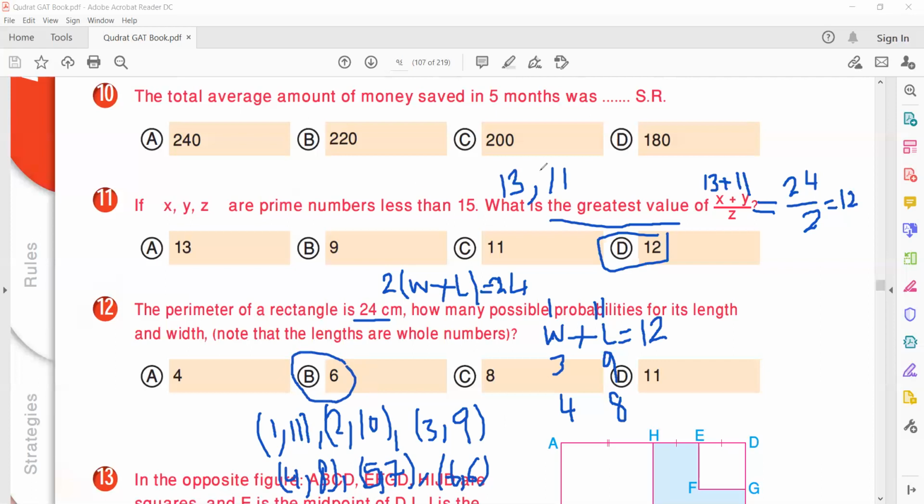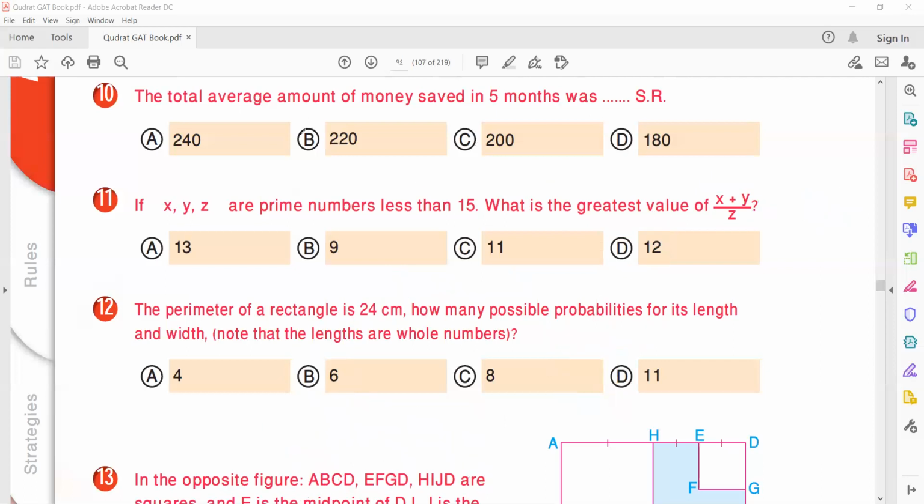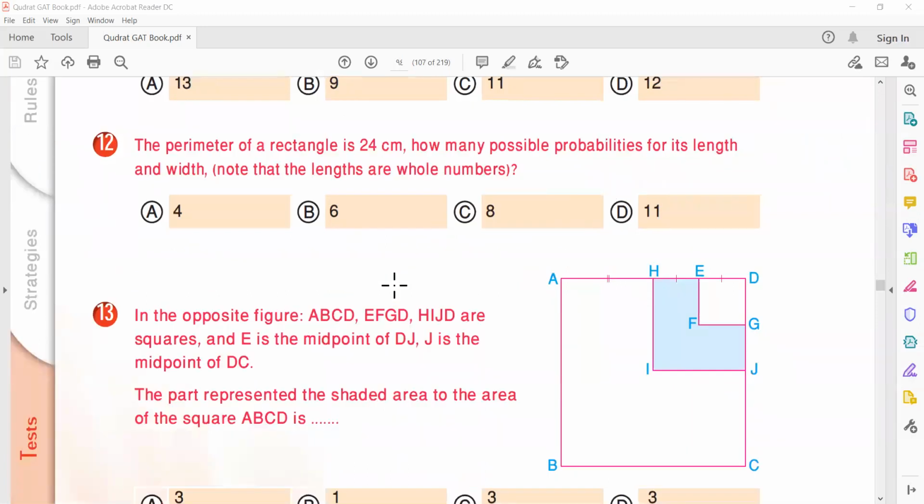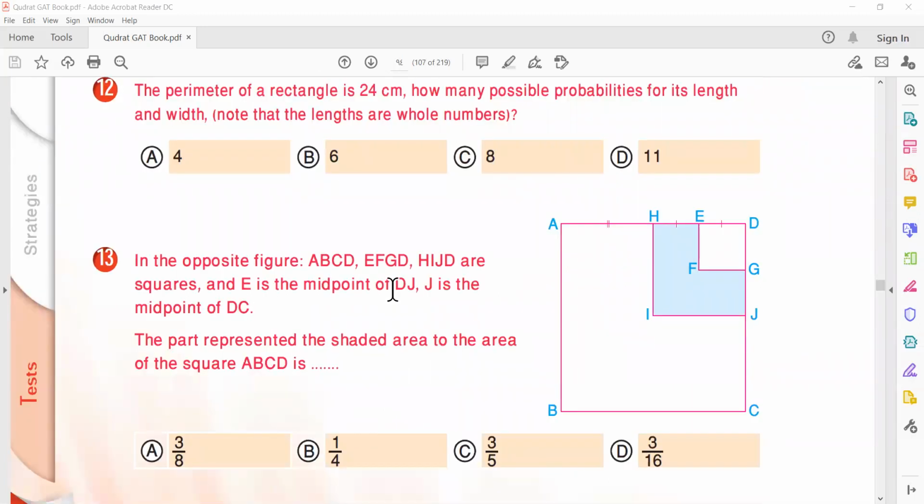Right? Okay. Now we will take the last question here. In the opposite figure, ABCD, EFGD, HIGD are squares, and E is the midpoint of DG, G is the midpoint of DC.